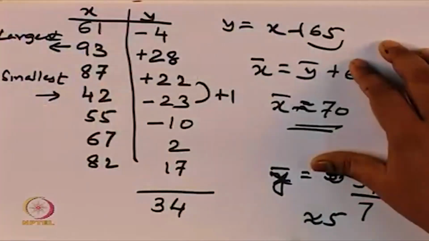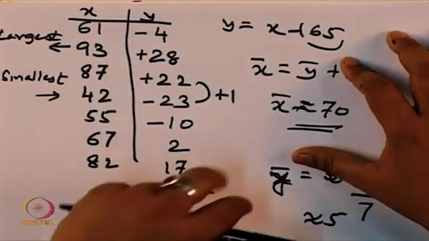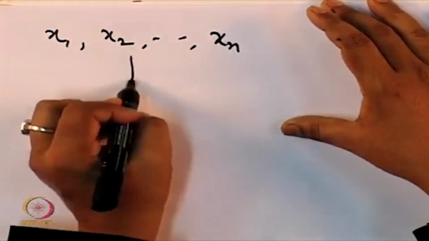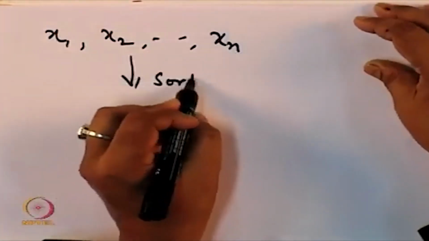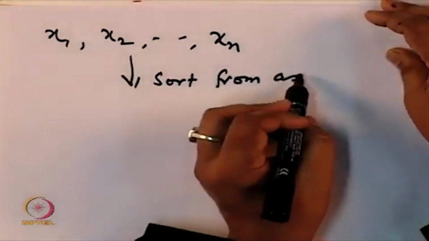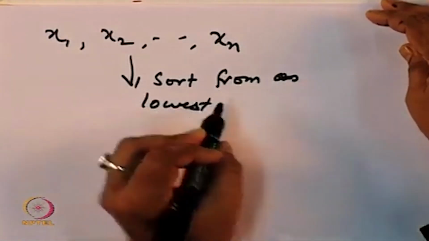Okay. Please remember that this value of 65 is not a magic number; we chose it based on the range of the numbers. One simple rule of thumb you can use is, if you have all these numbers, let us say x1, x2, dot dot, xn, you first sort them from lowest to highest.